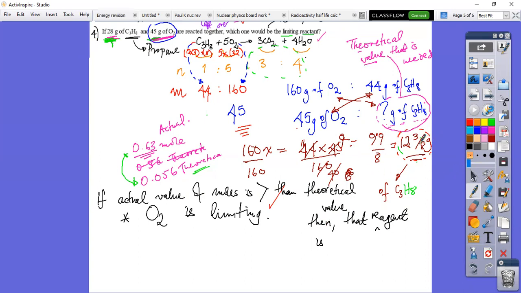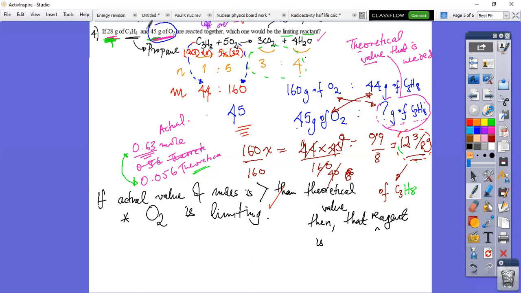Wait, was I supposed to find the... So you need to work out the mass that will actually react. So I need to find out the mass of the oxygen first and then take that away from 28, didn't I? No, you don't take the mass of the oxygen from 28, because they're two separate.